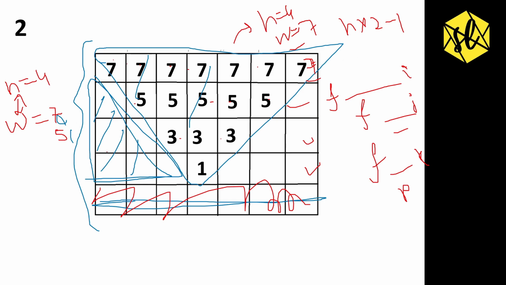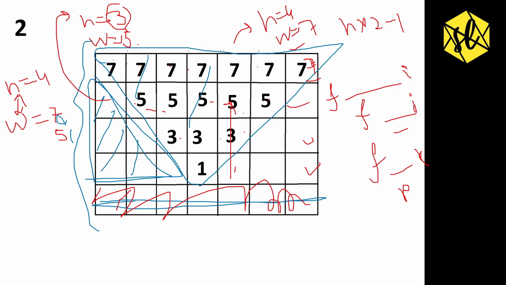In the second line we have 1, 2, 3, 4, 5 width. Here height is 3. You can see the height from here: 1, 2 and 3, and width is 5. Let's check the hypothesis that we have made here, that is height into 2 minus 1 will give us the width. Height is 3, into 2 becomes 6, and minus 1 becomes 5. Oh great, we have got the logic behind.